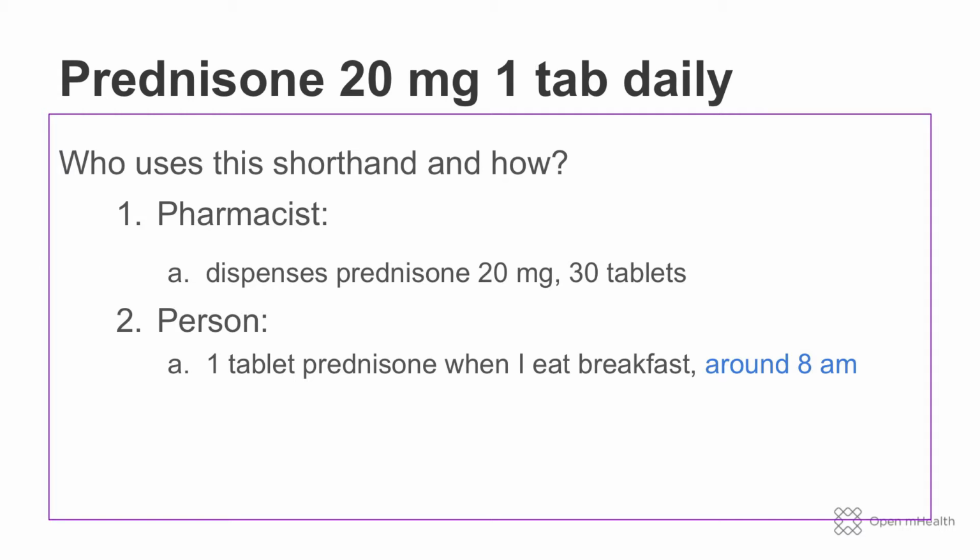So the person can decide, okay, it's easy for me to remember to take my daily dose when I have breakfast, around 8 o'clock. So there are already 3 translations: the prescription gets translated into a dispensing from the pharmacy, and then it gets translated to the schedule for the person.